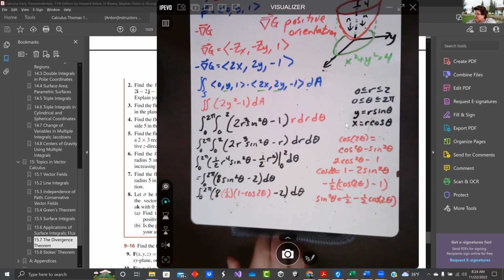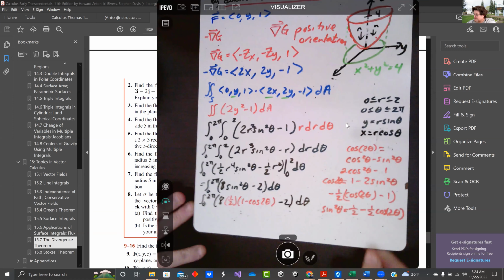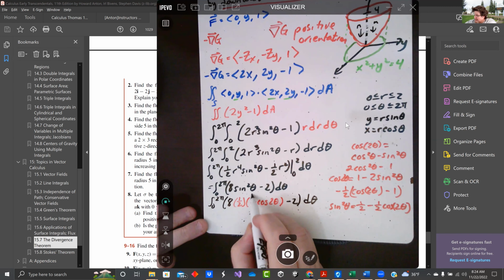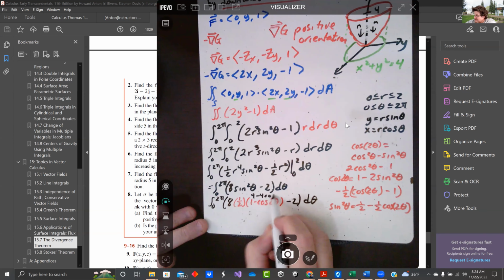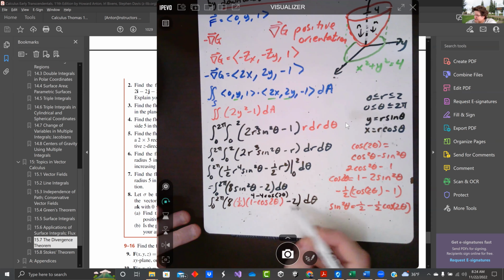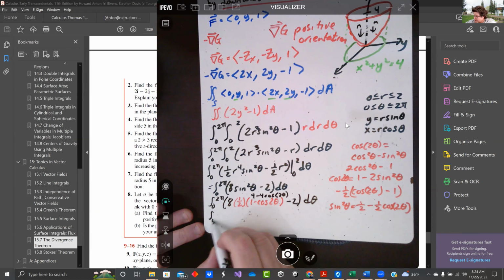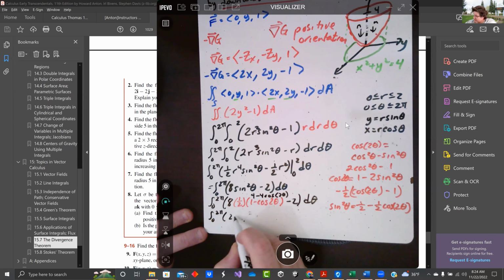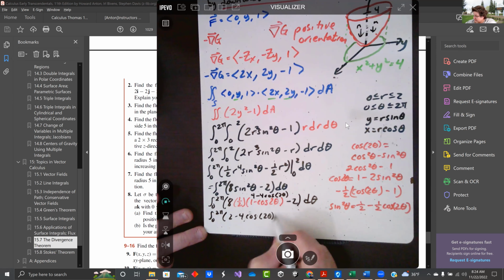Okay. So 8 times 1/2 is 4. So this ends up being 4 minus 4 cosine, not cosine squared, cosine 2 theta, minus 2. So that cleans up to 4 minus 2 is 2, 2 minus 4 cosine 2 theta d theta.